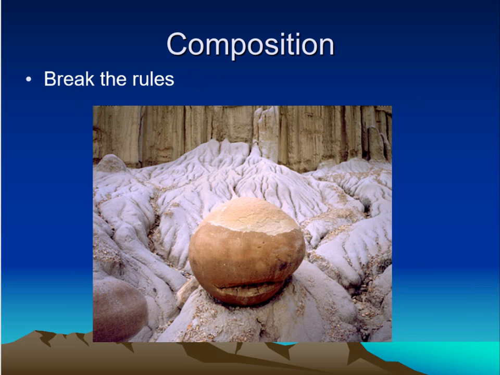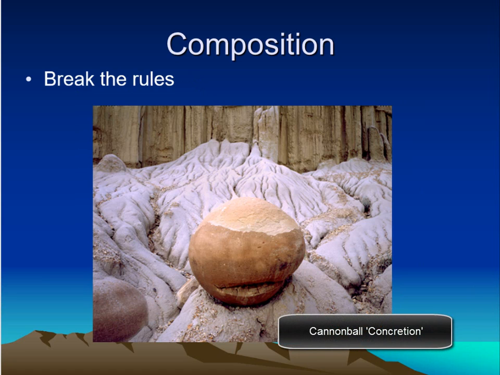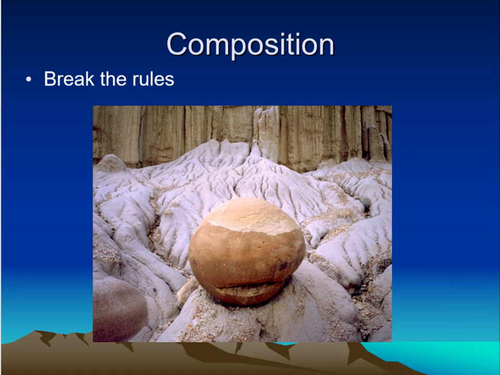When you go to this picture, I centered this, what's called a cannonball concretion, up in Theodore Roosevelt National Park, and by centering it, I'm forcing all the interest to that rock. But if you look closely here, there's other compositional elements. There's the S-curves. Almost in the lower left corner and the lower right corner, there is an eroded line that is going past the concretion up towards the wall. So there's two competing S-curves that sort of face each other.